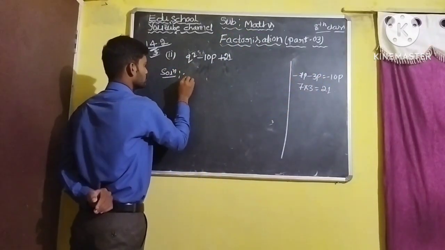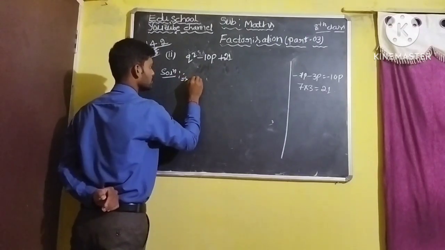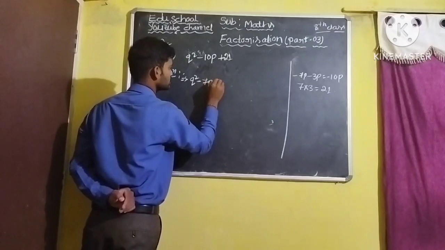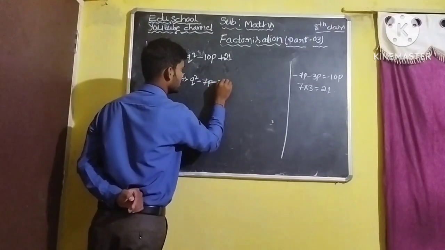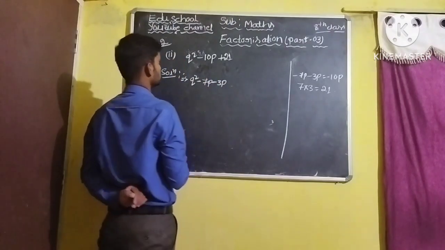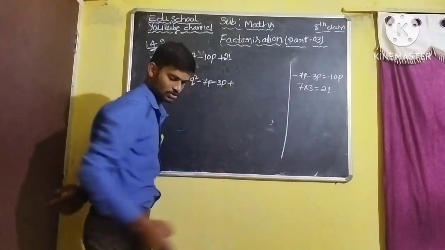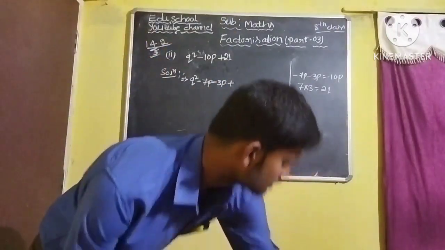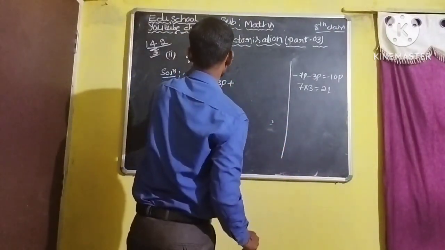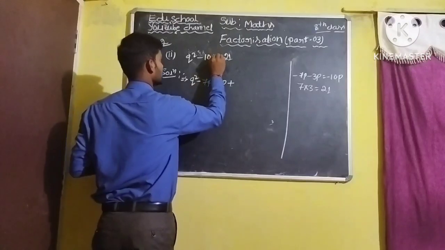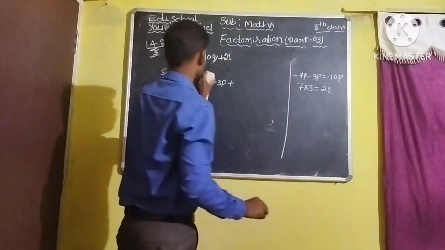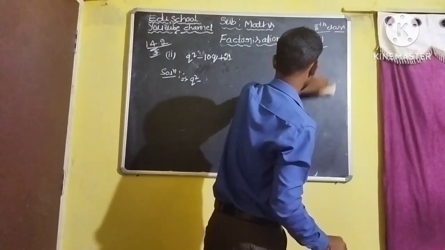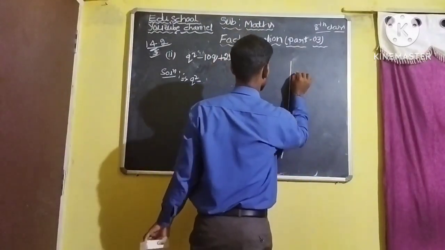So you can rearrange this question. q square minus 7p minus 3p plus, so one second, sorry, this is not a p, this is a q. So you can change it, this is a q. So this is a 10.